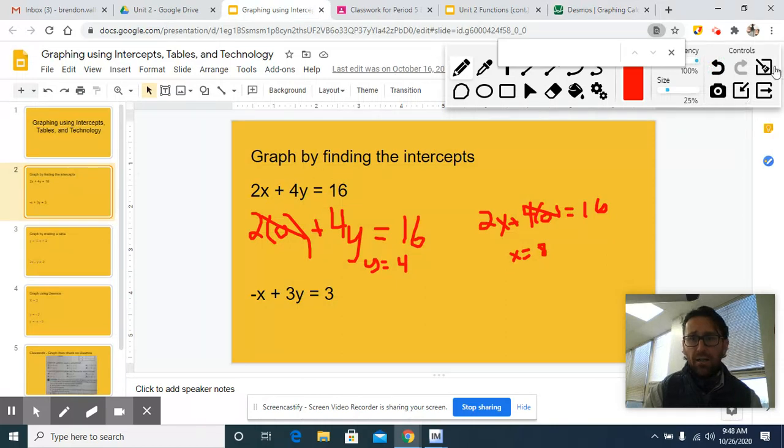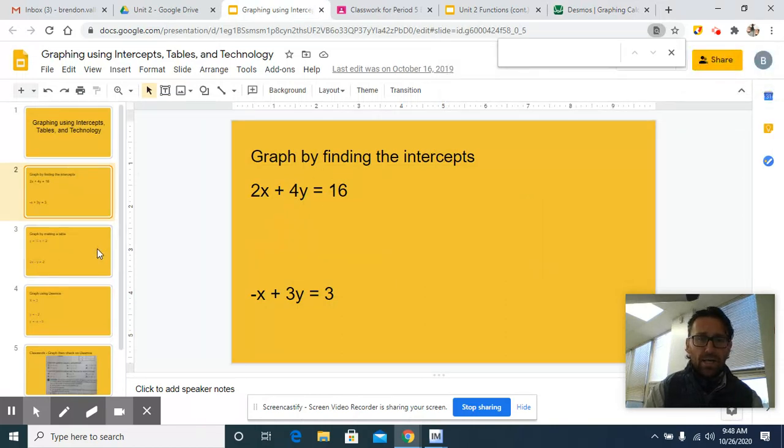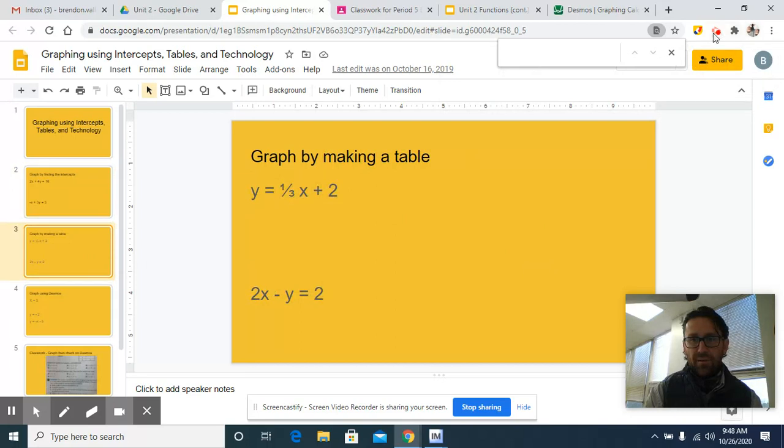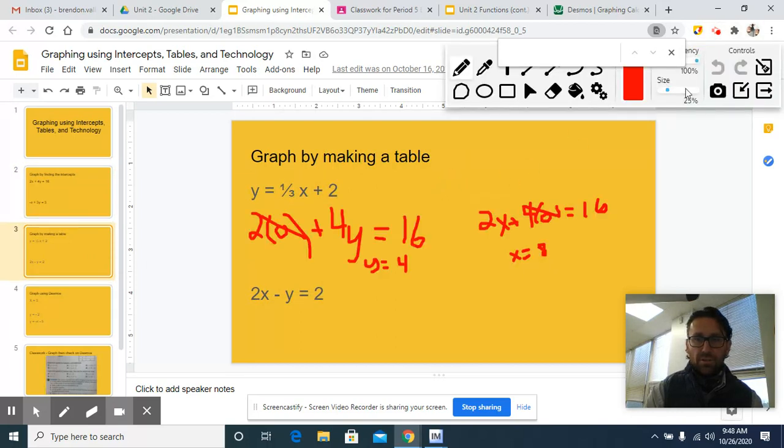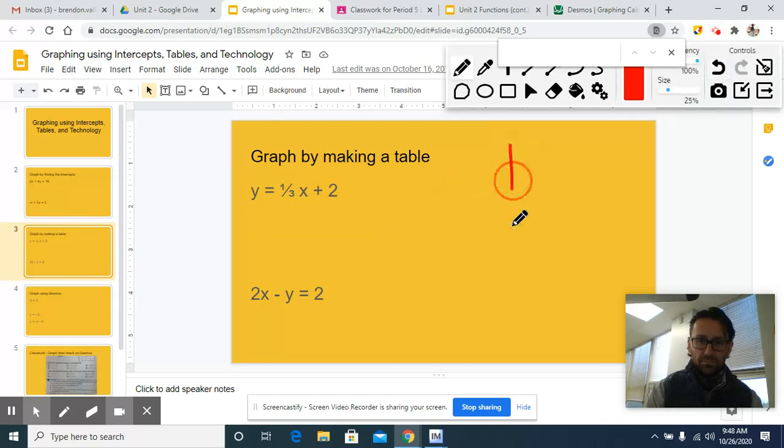Okay. Another thing we learned how to do last class was making a table of values. So you could make a table, pick a couple of points for x. I like to do like 3 or 4, and then plug these numbers in for x.